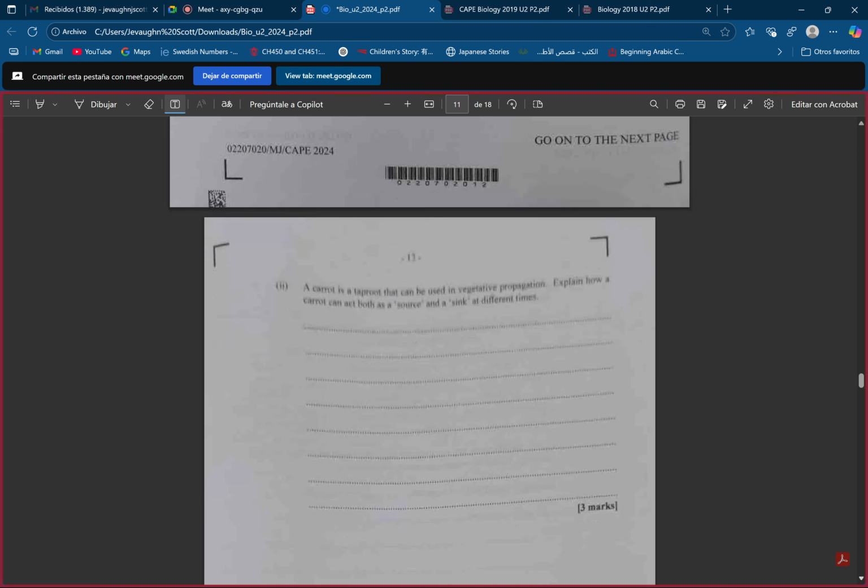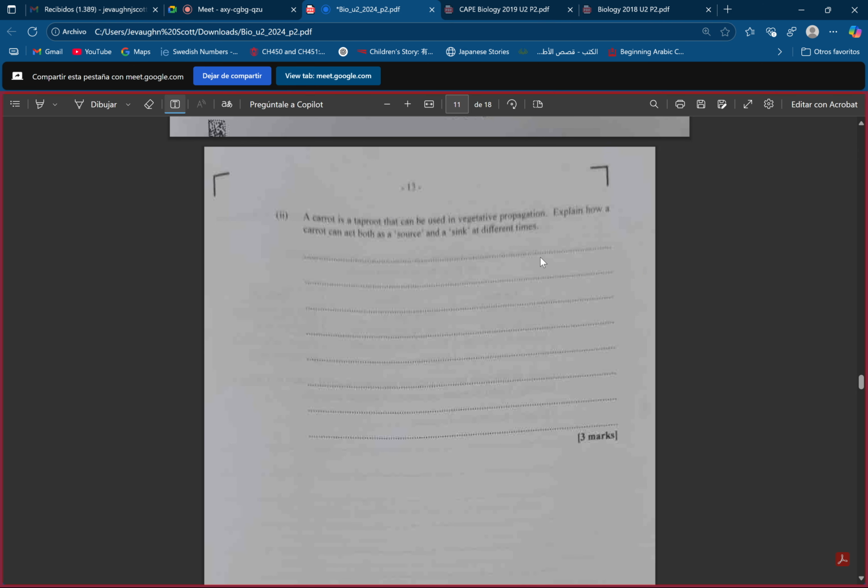Alright? A carrot is a taproot. How interesting. That can be used in vegetative propagation. Sure, even though the question has nothing to do with vegetative propagation, you bring it up anyway. Explain how a carrot can act as both a source and a sink at different times.